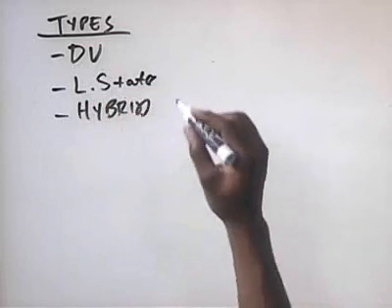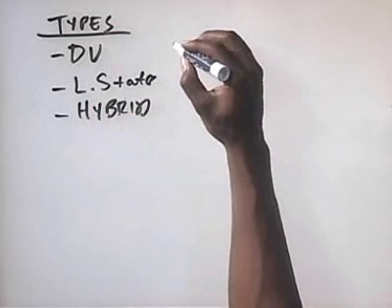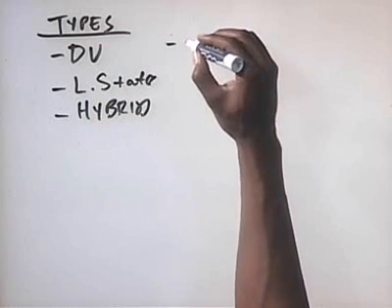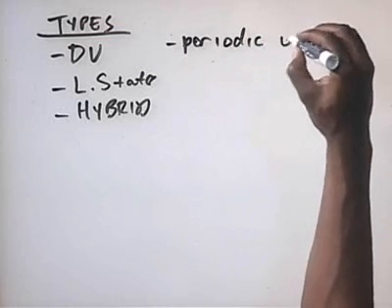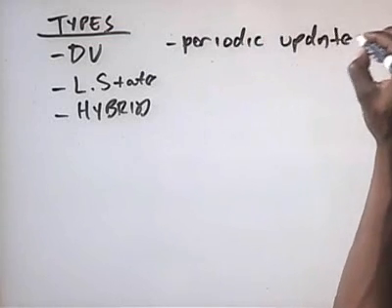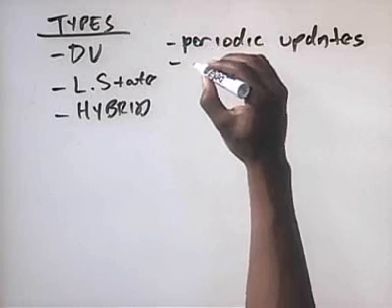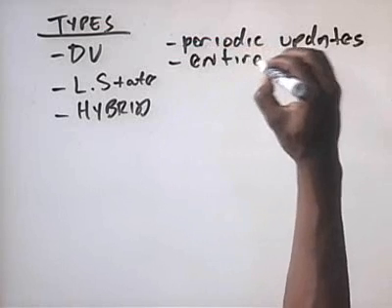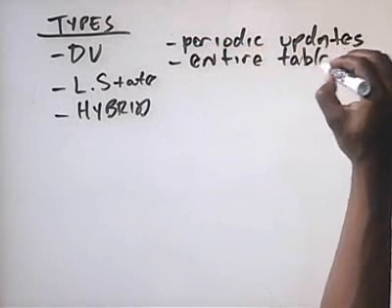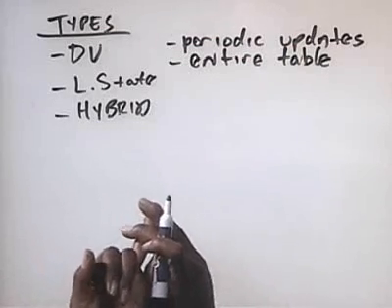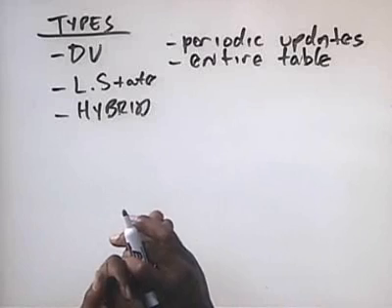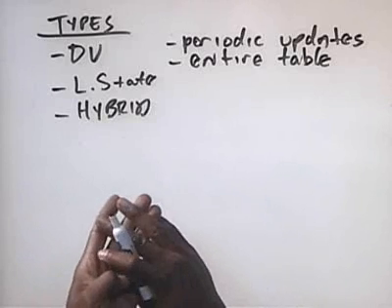Distance vector routing protocols, the two things to keep in mind about distance vector. One, distance vector routing protocols send out periodic updates. And secondly, those updates contain the entire routing table. Just imagine if every time you and a friend talked, you introduced yourself, you told everything about yourself, you told everything that you did yesterday, and you told everything that you did that morning.